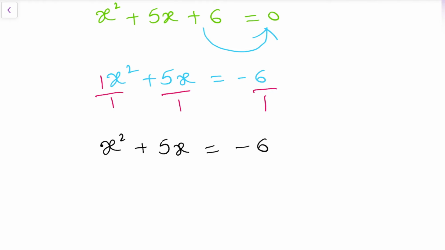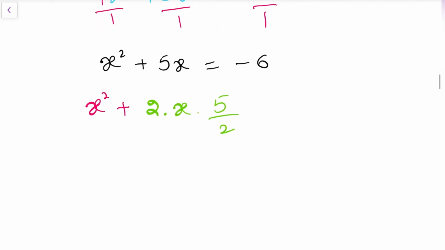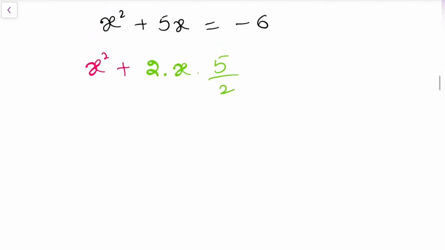Okay, the next step is to take x² and write it as it is, plus, here the term 5x is there. That 5x we need to write as 2 into x into 5/2. This I will explain clearly.